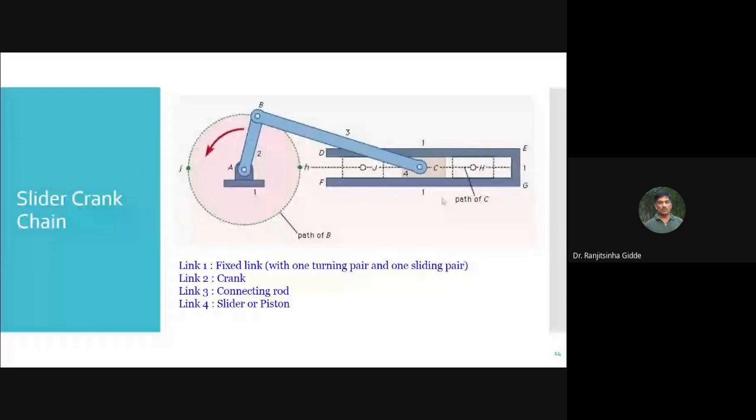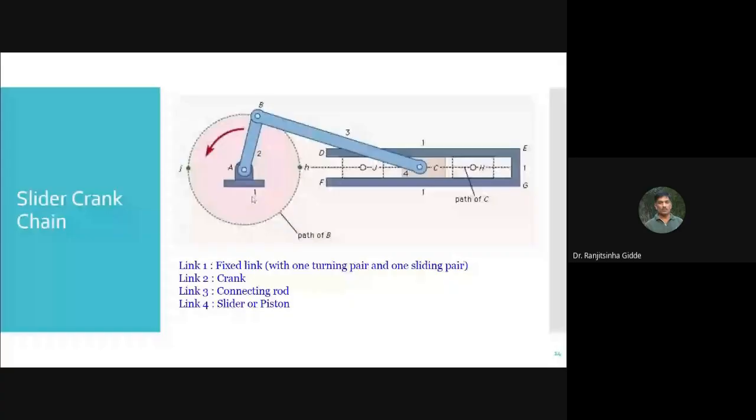This is frame, this one is the piston, this is connecting rod, this is crank and this is the frame. Number 1 is mentioned here, 1 is mentioned here, 1 is mentioned here. This link 1 is fixed.